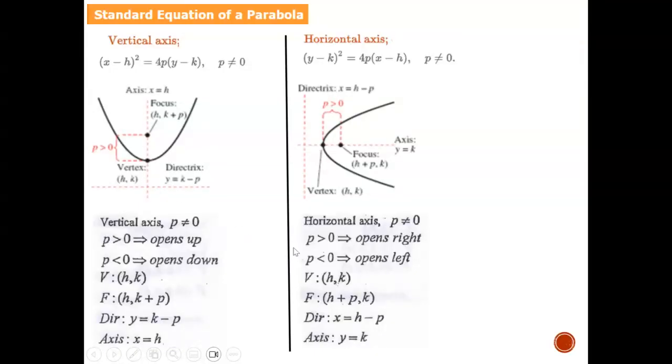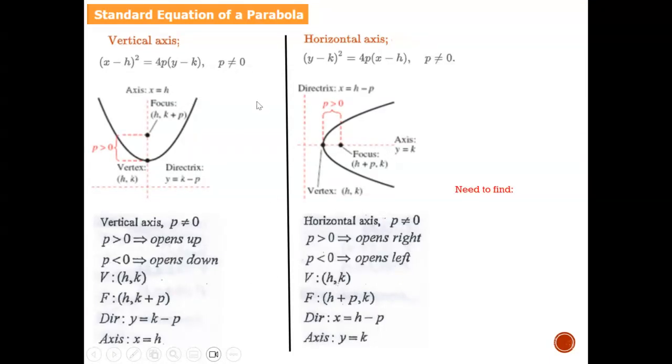Same thing with the horizontal: if p is positive, it opens to the right, and if p is negative, it opens to the left. This is what I have on the formula sheet, the handout that I give to my students. I cut and pasted this section here. These are the characteristics they're going to be looking at.